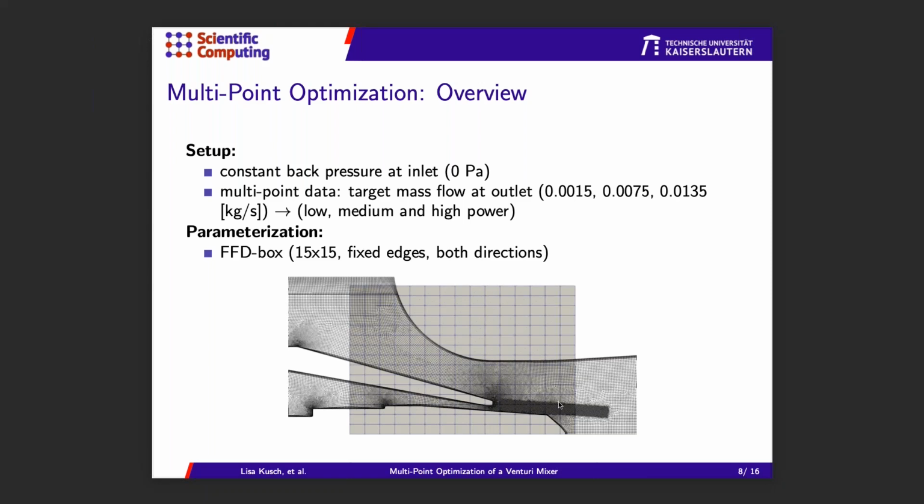So we will have a look at 3 different power cases, so low power, medium power, and high power, by setting different target mass flows. And on the bottom, you see the mesh resolution and then the FFD box, how it's placed to alter the shape of the Venturi for optimization.